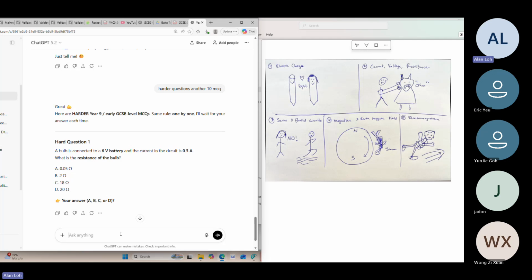Okay, the answer is? 6 volts divided by 0.3 A. Wait, is it divided by 0.3 A or multiplied by 0.3 A? You tell me. It'd be divide, right?